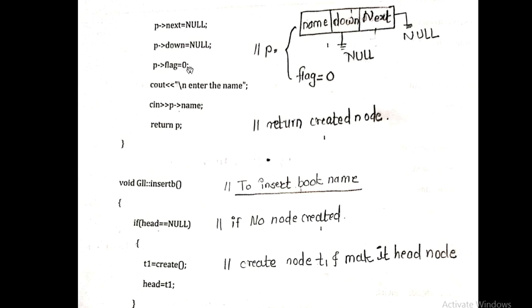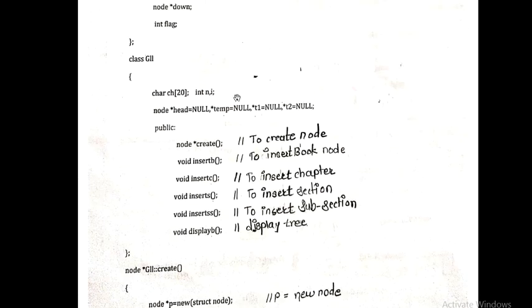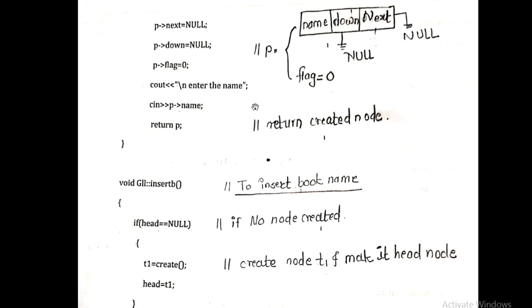With that we set its flag value to 0, because we have not assigned any chapter, section or subsection under that node, and we only assign the name to that node, right? Whatever name is entered by the user gets assigned to this field, and such a node will be returned by the create function.